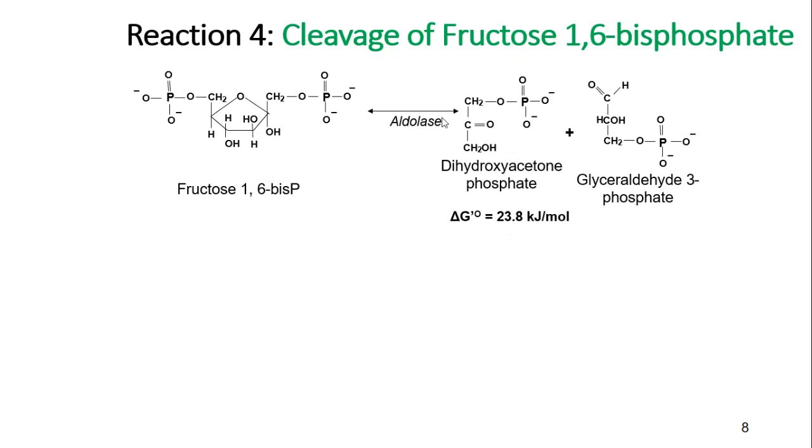So the reason why glucose had to undergo phosphorylation is for it to be converted to fructose 6 phosphate. And then this fructose phosphate, the reason why it went further and was phosphorylated is for it to undergo cleavage so that we can have two products, which is dihydroxyacetone phosphate and the glyceraldehyde 3 phosphate.